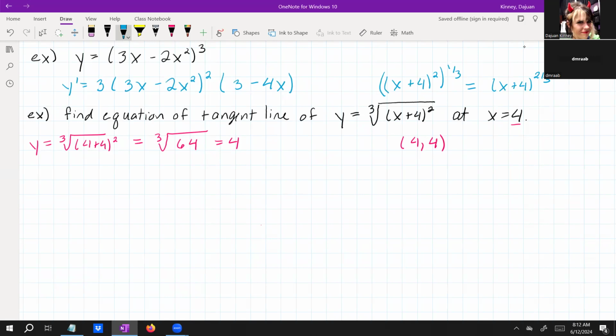All right, y prime. Derivative of the outside, which is 2/3 x plus 4. Subtract 1, I get negative 1/3. Oh, hey, the derivative of the inside is just 1, so that's nice.